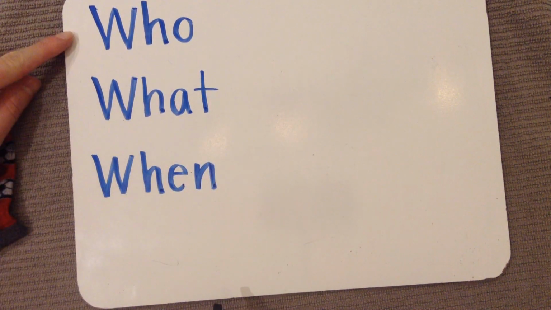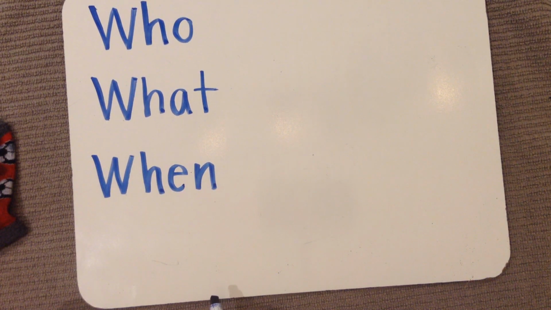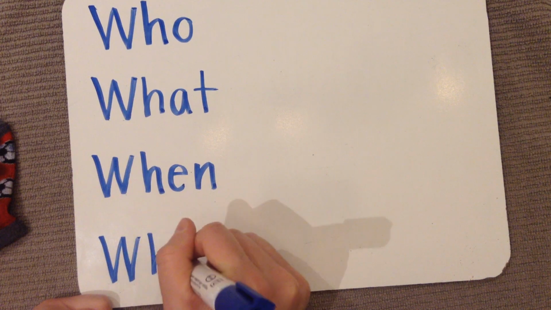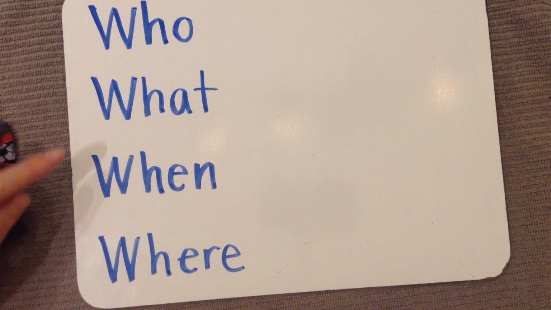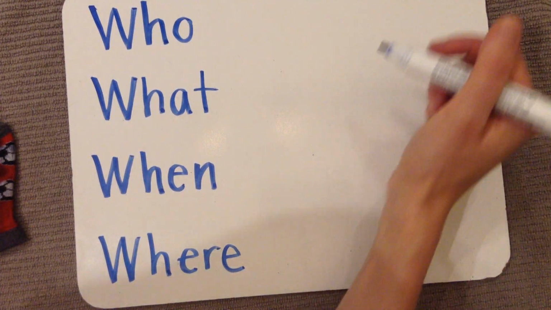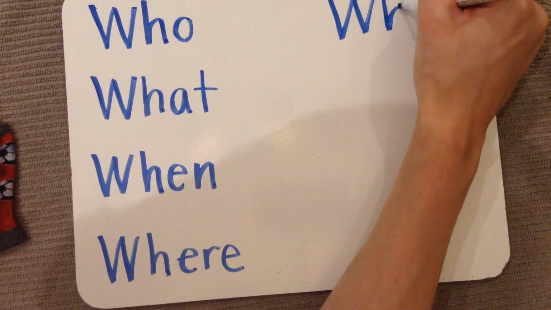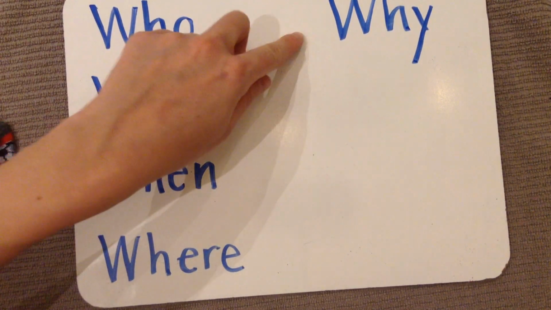W-H-E-N. Who, what, when. Now let's write the question word where. W-H-E-R-E. Who, what, when, where. Let's write the word why. Another question word. W-H-Y. Who, what, when, where, why.